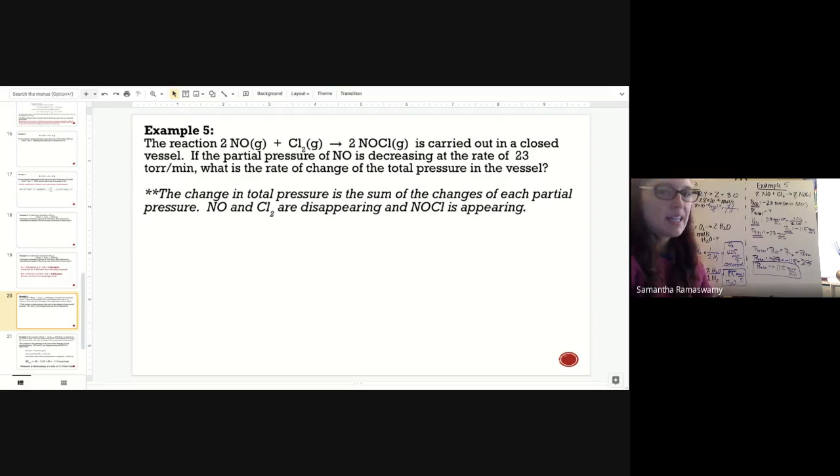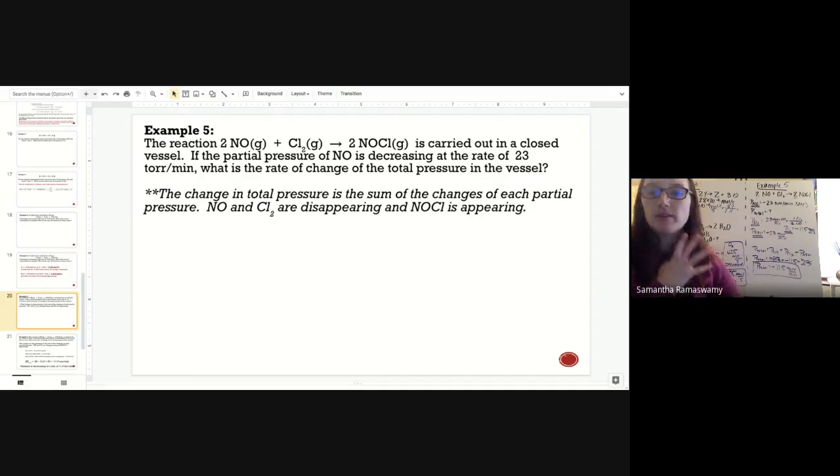So all we did in this, and again, I would consider this more like a challenge type of problem compared with what we've been looking at, where we had to find the rates of each gas, right? The rate of each pressure of the gas, add them all up to find how the total pressure is changing. We put that negative.